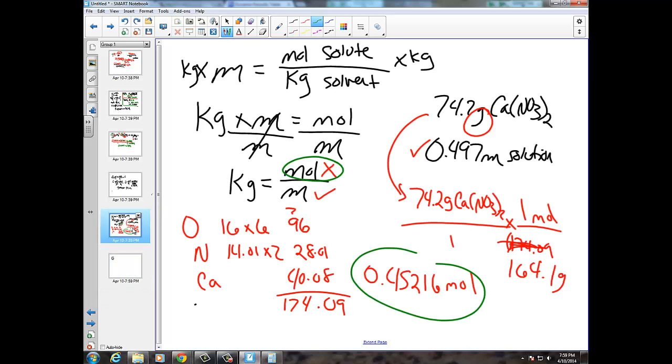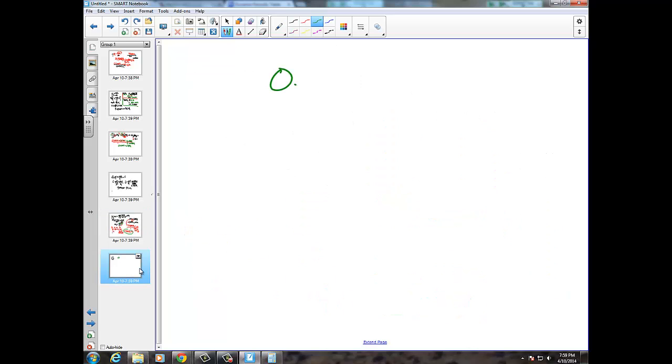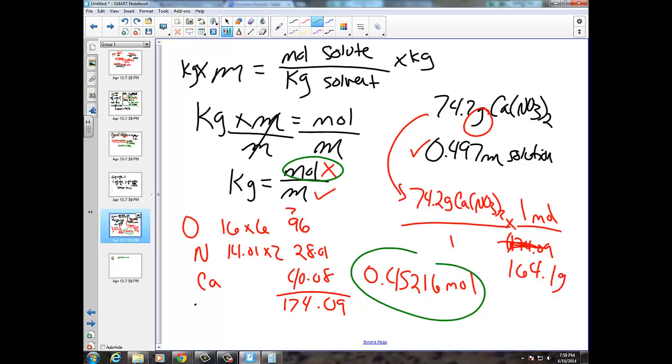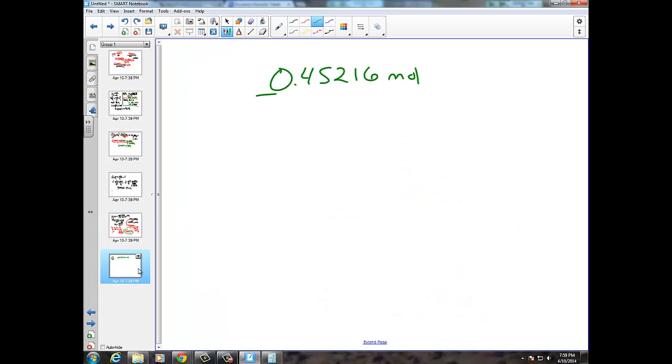So I know moles, 0.45216 moles, and we know our concentration. Our molality was 0.497, given in the problem. And then we're just going to do that math.